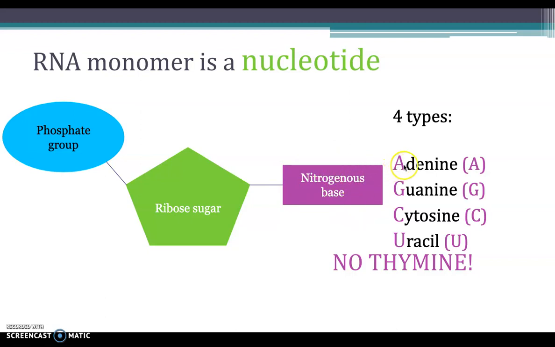We have A, which is adenine, G, which is guanine, C, which is cytosine, and then there is no thymine whatsoever. Instead, we have this guy called uracil, which is U. So from now on, when we talk about RNA, we need to make sure that we recognize that U will always bond with A. G will still always bond with C.